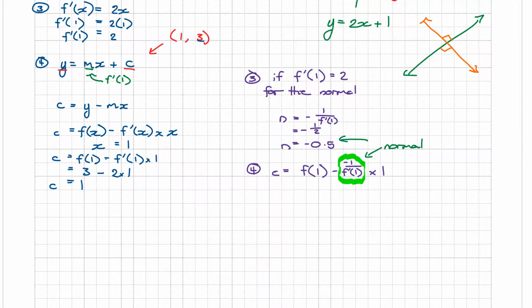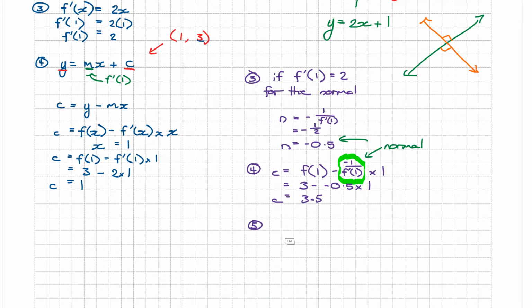So with all of that, we're going to get 3 take -0.5 times 1, and then it will become simply 3.5.